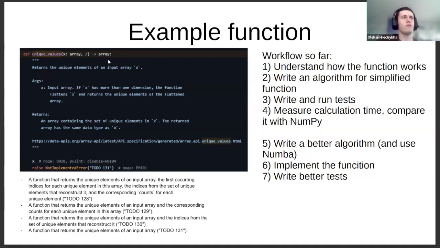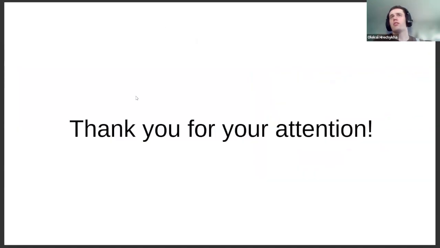And since they work very fast, we can sort the array or flatten the array, so make it one-dimensional, in a very efficient manner. And that's what I will be focusing on going forward. Thank you for your attention. If there are any questions, I will be happy to answer them.